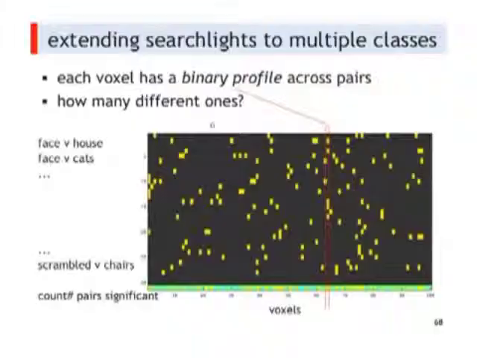You may want to go further, which is to ask exactly what the voxels are doing. To get at that, you can see that across pairs, every voxel has a little binary profile of pairs it distinguishes, pairs it does not. And so there's 28 pairs, so there's 2 to the 28th possible binary vectors you could have.